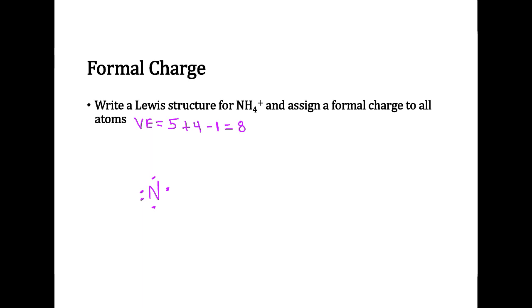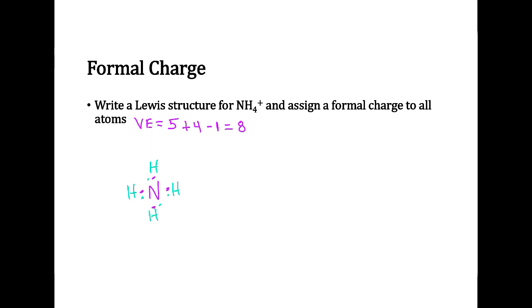But right now, since we're losing an electron, let's take it away from nitrogen. As soon as we do that, each of the hydrogens can come in and share an electron with nitrogen. Then nitrogen will have a completed octet, hydrogen will have its outer orbitals filled, and this is a good Lewis structure, so we've accounted for all the valence electrons.